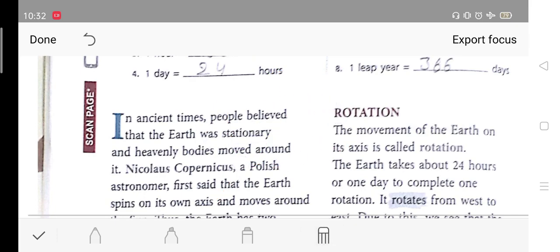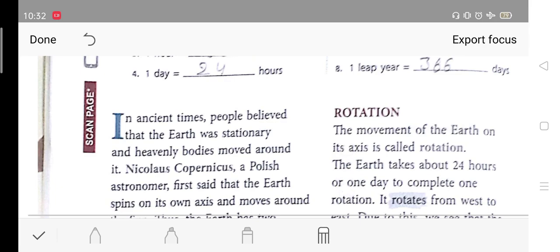The earth takes about 24 hours or 1 day to complete one rotation. So we have a day of 24 hours, which refers to the earth rotating on its own axis. It takes 24 hours, and that decides the day and night for us.